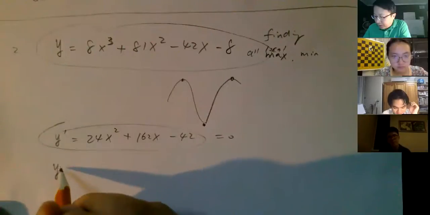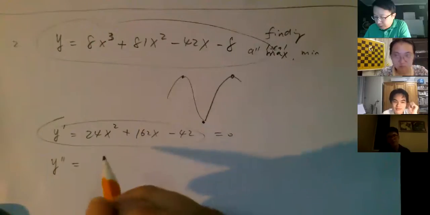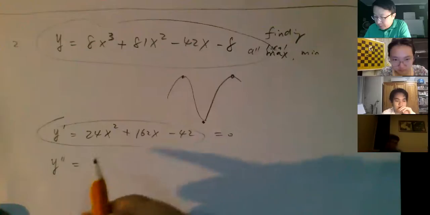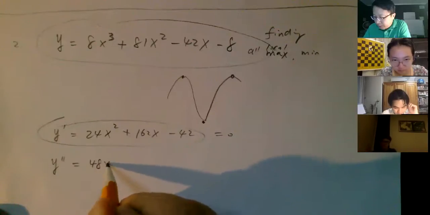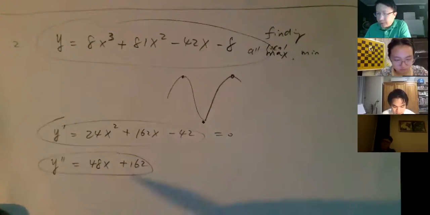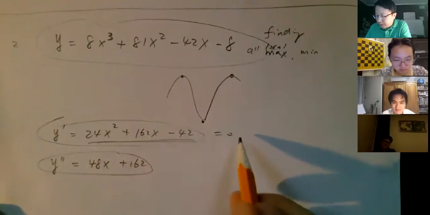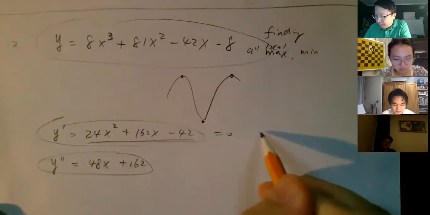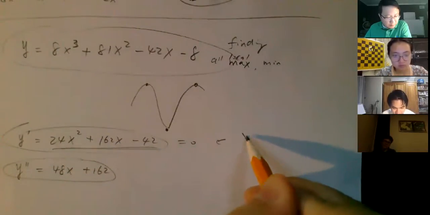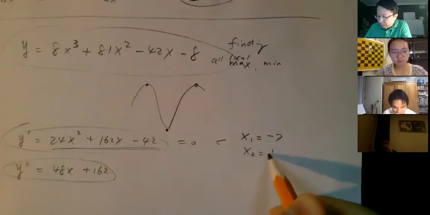Of course you can do the second derivative again in order to make sure which place is a local minimum or maximum. So you do it again, that becomes 48x plus 162, right? So in this case you can find x. There are two: x1 equals -7, x2 equals 1/4.